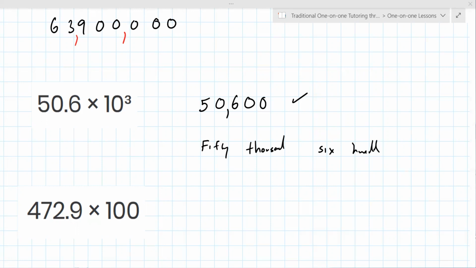Okay, I got it. What is your answer? You can just read the numbers from left to right. Okay, 4, 7. I put a comma in there again. Okay, good. 2, 9, 0.